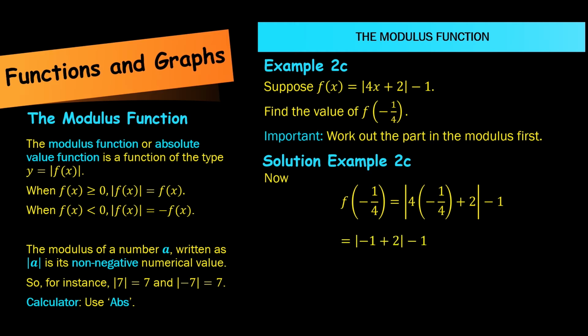And tidying up gives us this expression, which equals mod 1 minus 1, which of course equals 1 minus 1, since mod 1 is already positive, so we leave that as it is. And this equals 0.